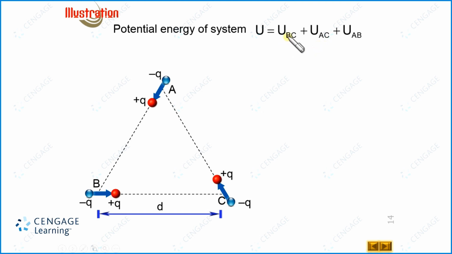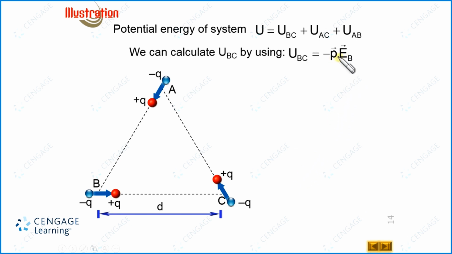Okay, so let us calculate any one pair. Let us select this B and C pair. Here we can write the potential energy associated with this dipole C placed at position C, because of the electric field of B, as minus P dot EB. Okay, this is the potential energy associated with this B and C system, with dipoles placed at B and C. Okay, so let us make the electric field vector.